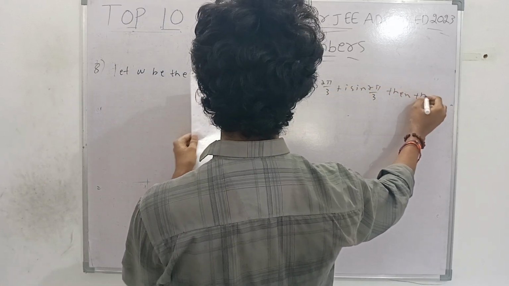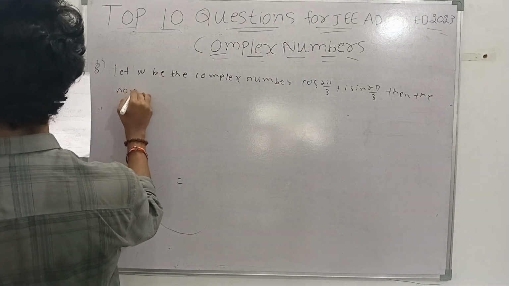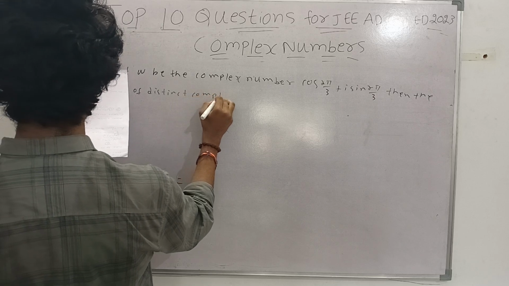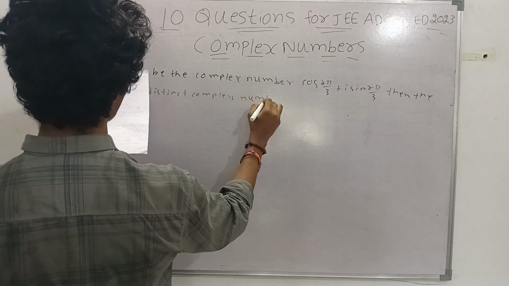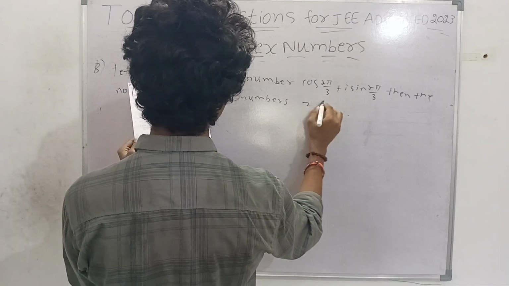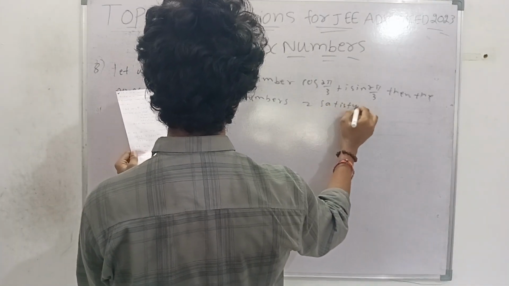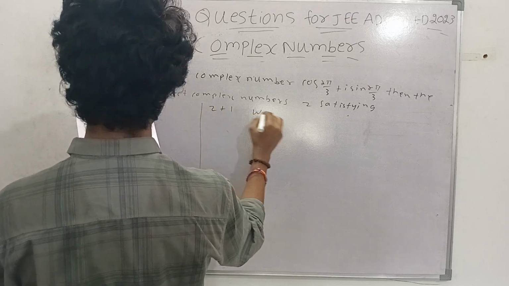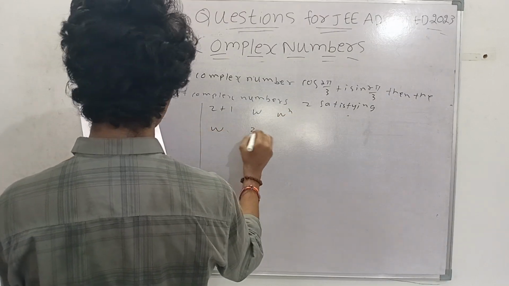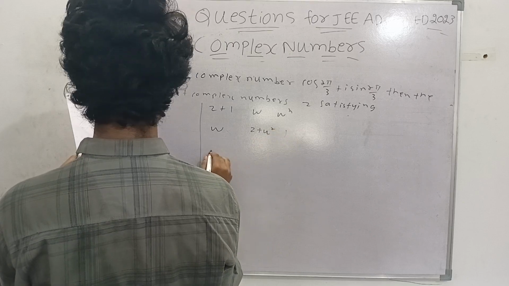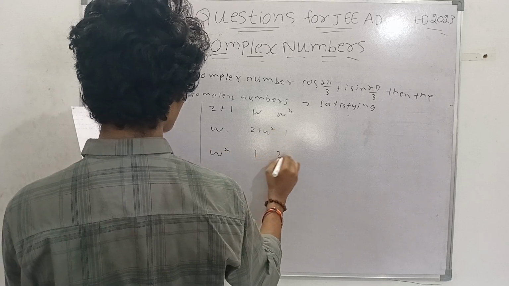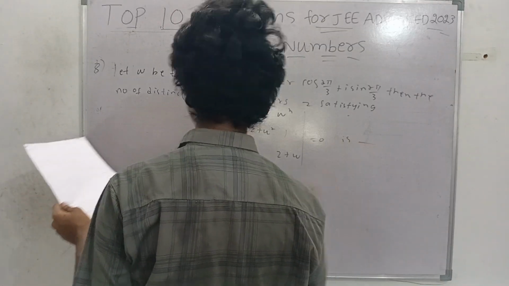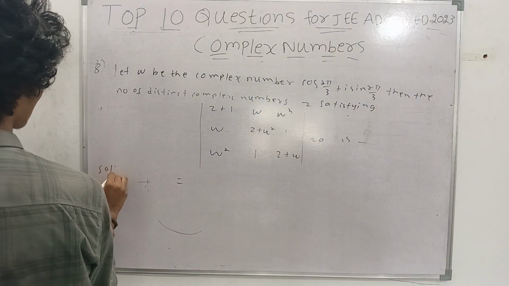Then the number of distinct complex numbers z satisfying the determinant with rows (z plus 1, omega, omega square), (omega, z plus omega square, 1), (omega square, 1, z plus omega) equal to 0 is dash. This is the question, guys.